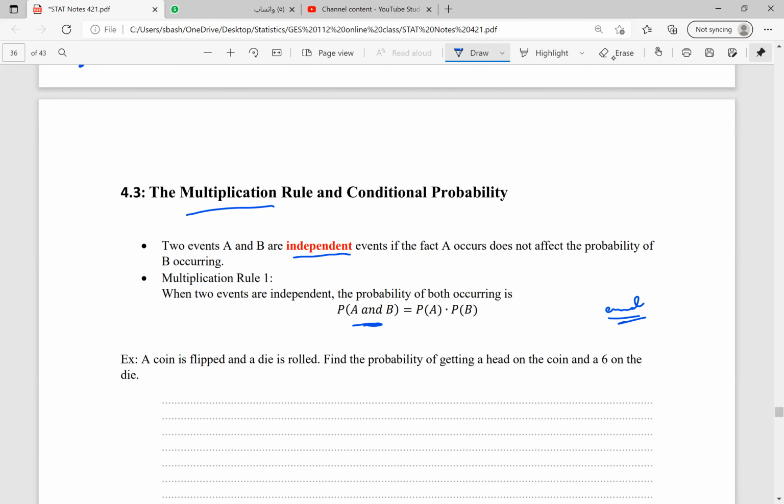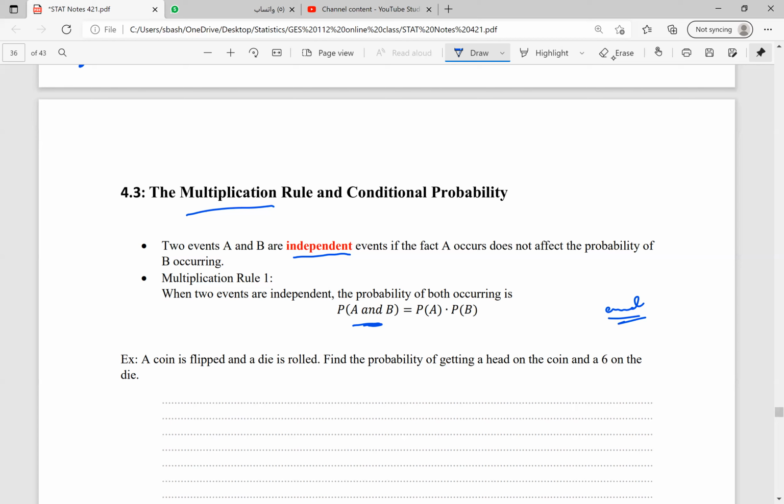Now "and" will be for the multiplication rule. So P of getting A and B will be P(A) multiplied by P(B). This is if A and B are independent, that is, for A to happen is not affecting B to happen.